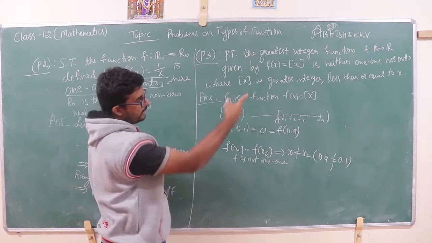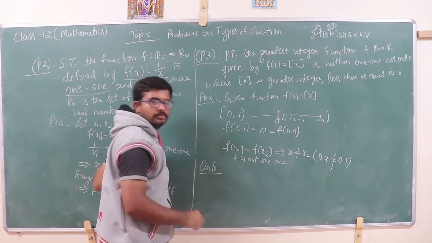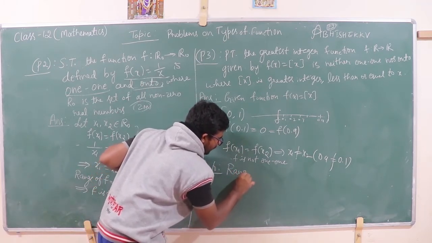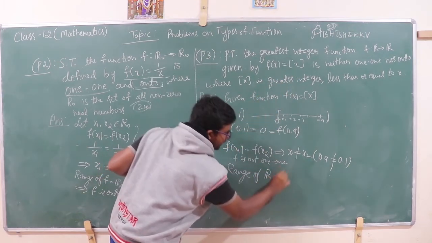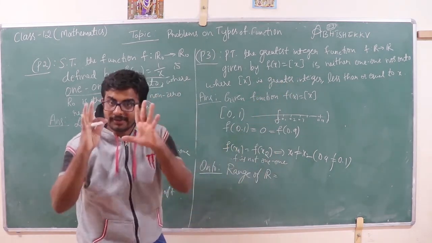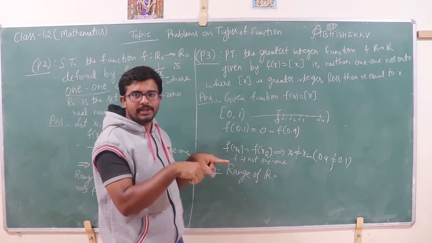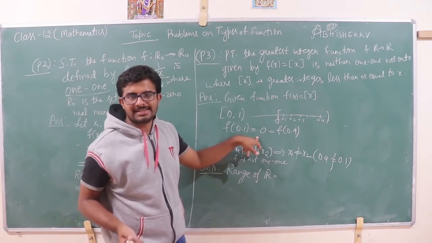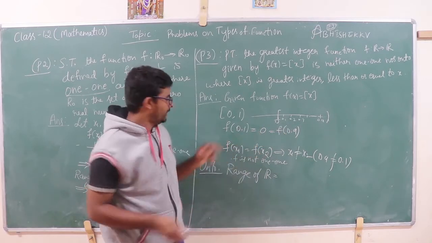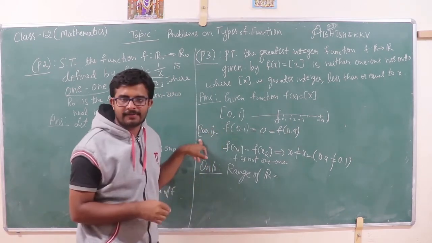See, let us consider the second part, that is onto. What is the range? If we take the set of real numbers as input, you will get the set of integers, right? According to the definition, whatever input we give, we will get integers only. 0.1 gives 0, an integer; 0.9 gives 0. If I give 100.1, what is the greatest integer of 100.1?